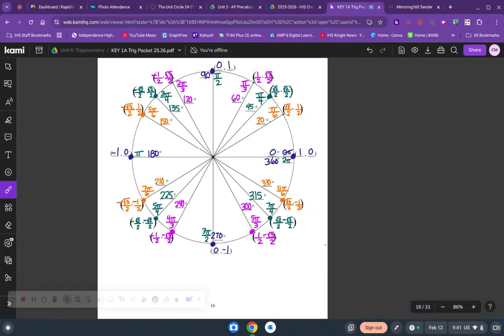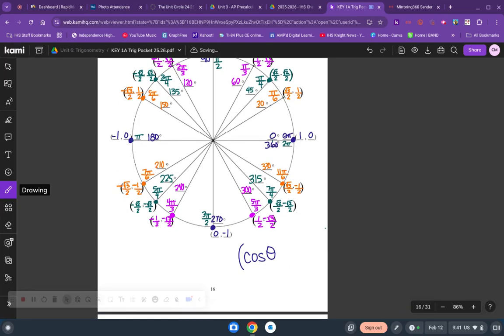So every single coordinate all the way around this circle, every single time, no matter what, the x coordinate is the cosine of that angle measure, and the y coordinate is the sine of that angle.